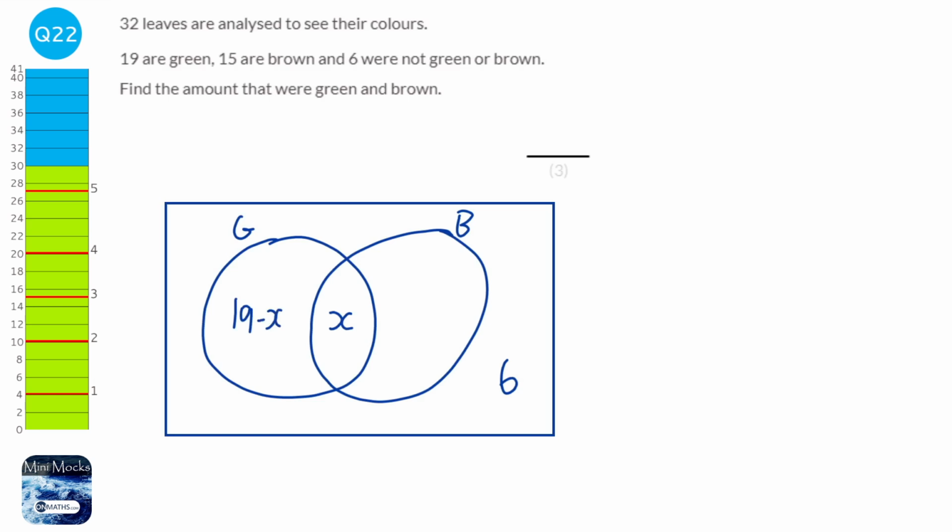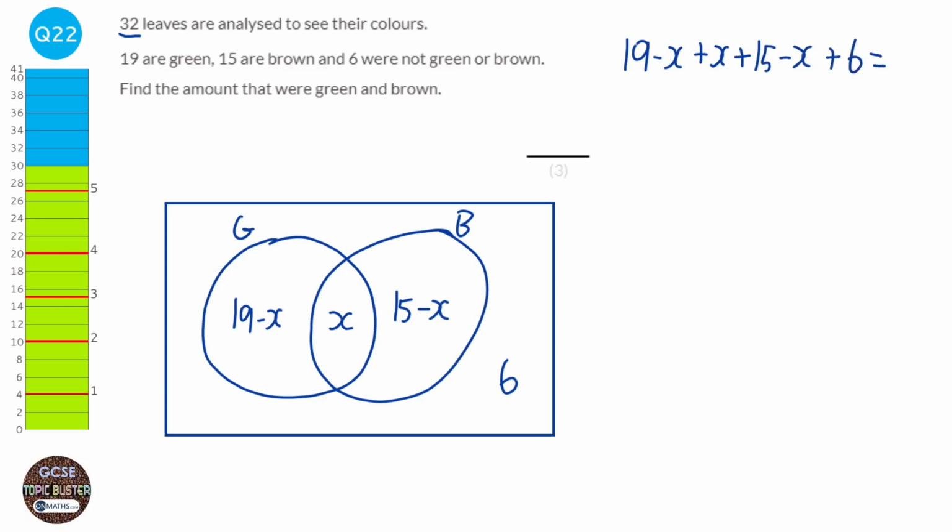And for the brown we can do the same. So it'd be 15 minus X. And for the next step, we know that all of them together add up to 32, because it says in the question. So we're going to add all of these, the 19 minus X, the 15 minus X, and the 6 together, and we know that equals 32. And let's get our solving lines in.